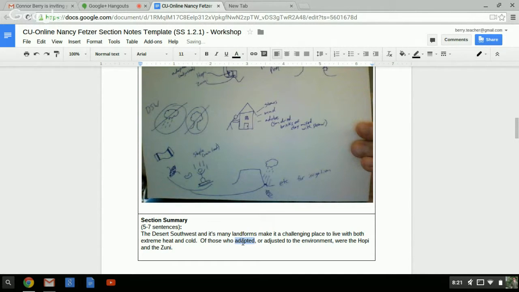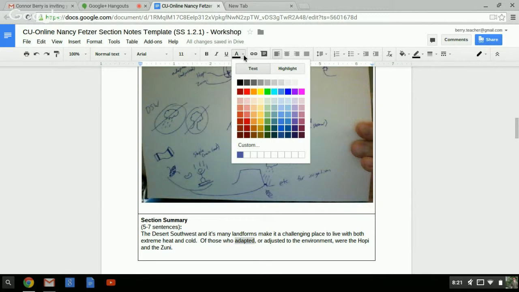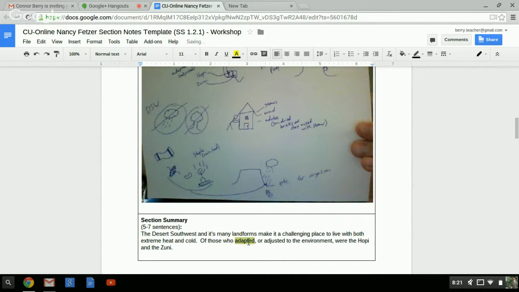Now, since adapted is a term, I should either put this in bold or go up here and highlight it in yellow, whatever I want. But I want to know that that is one of the terms of this unit.